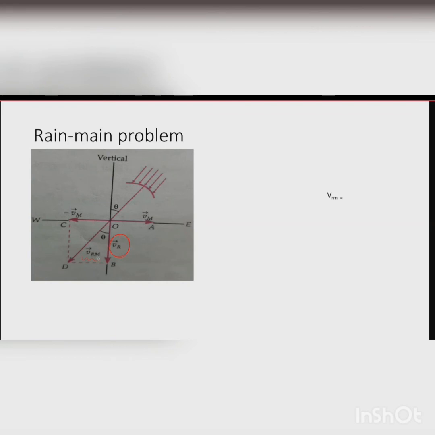Okay. Now tell me, if the man is just standing straight, he is not moving, and there is a wind blowing, does the problem remain the same? Yes, ma'am. Is it still a problem on relative velocity? Yes, ma'am.